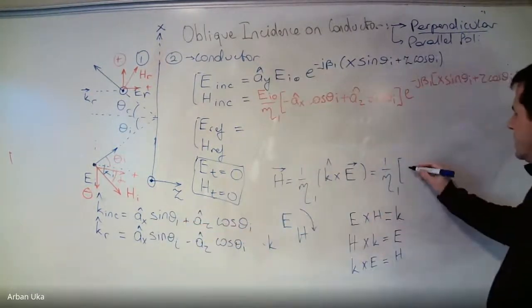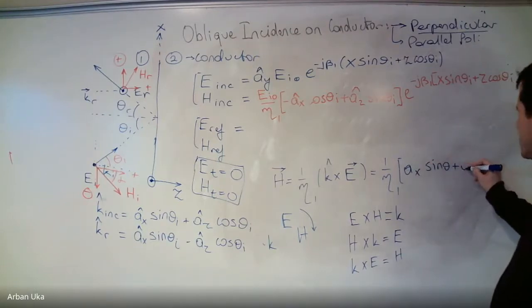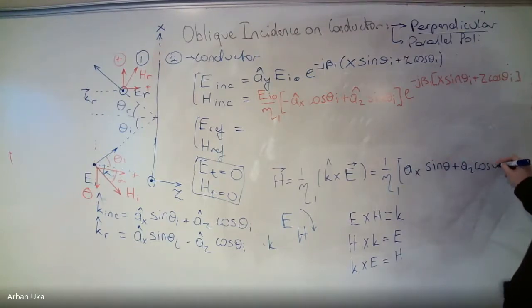So here we have AX times sine theta I plus AZ cosine theta I, and we do the cross product with E, which E itself is AY. Okay, so here we have the AY.